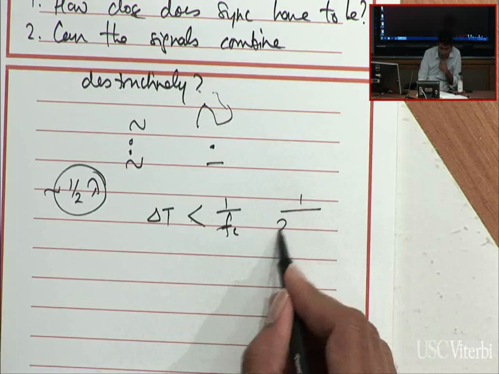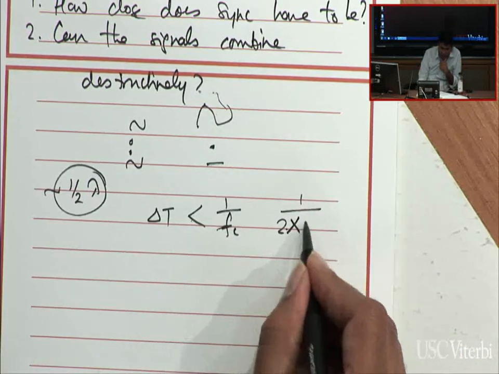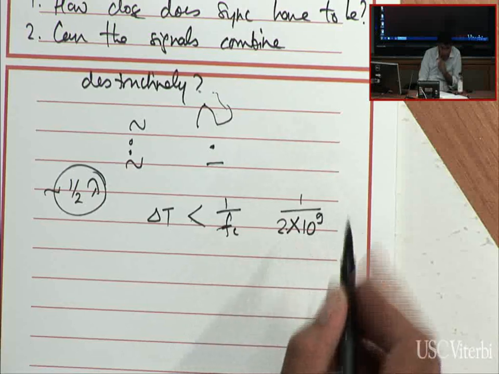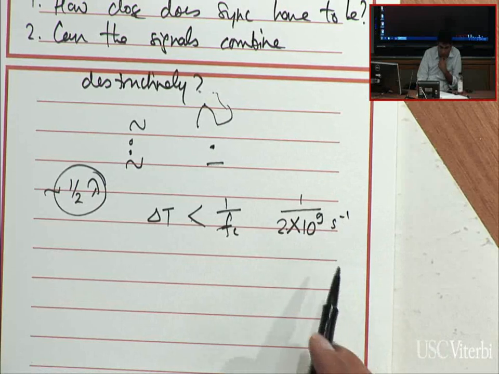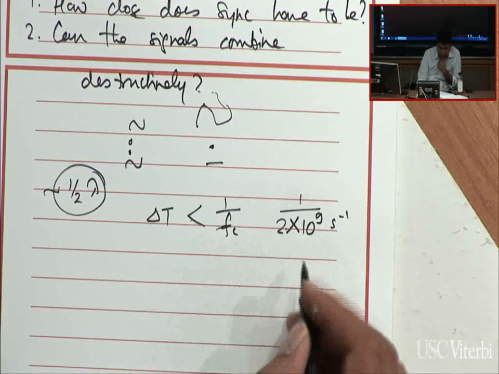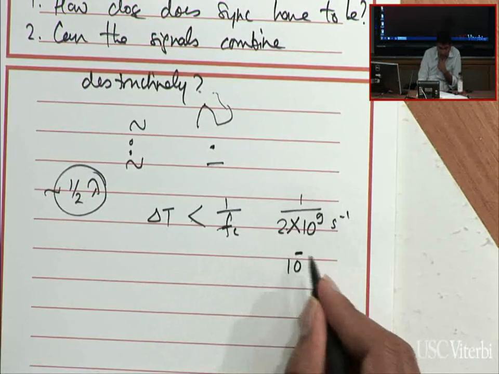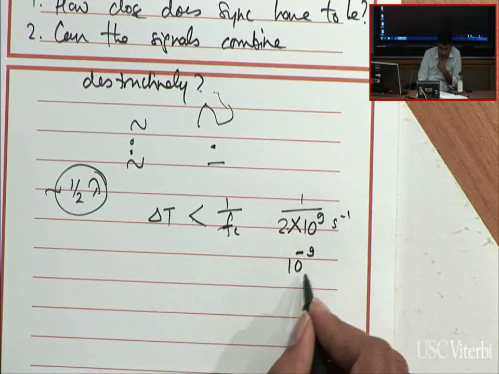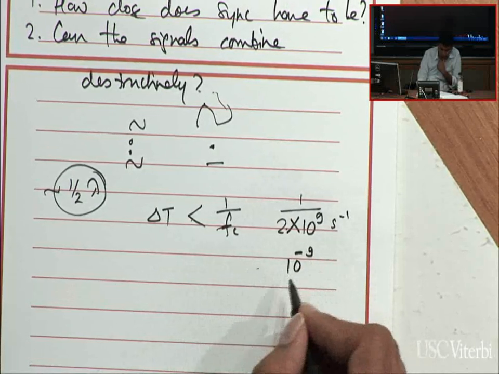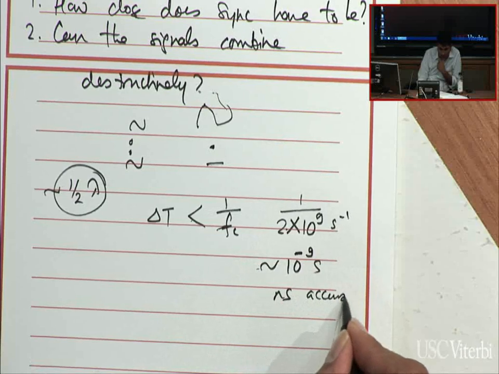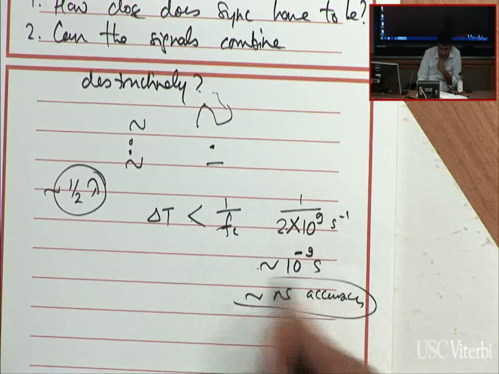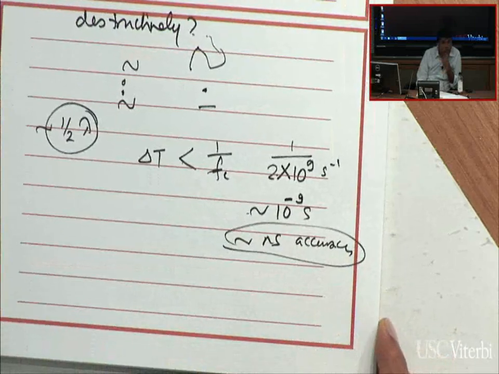That's let's just say 2 times 10 to the 9 in units of inverse seconds, which if you invert it is really talking about something like 10 to the minus 9 seconds. Okay, half, but roughly. So which is like nanosecond accuracy. Okay. That can be pretty hard actually to achieve.